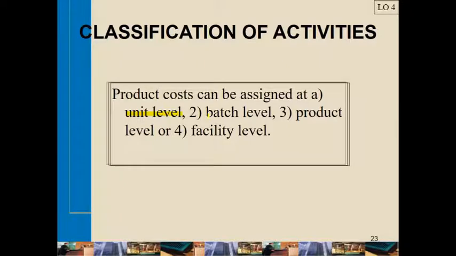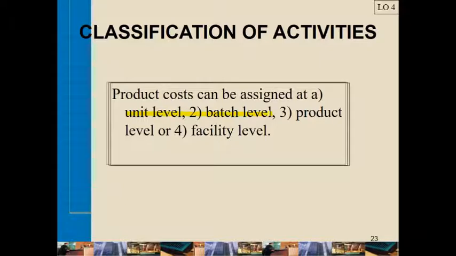Now, when we talk about batch level, activities are those performed each time a batch of goods is produced. So this is no longer per unit produced but per batch. The cost of batch level activities vary with the number of batches, but they are fixed with respect to the number of units in each batch.